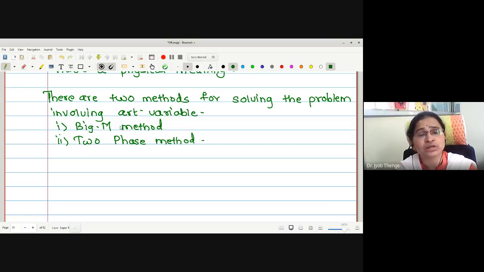If it is not going to take a 0 value, the problem does not have any kind of solution. It has to take a 0 value. Therefore, that minus M should be multiplied by 0. The value of artificial variable should be 0. This is the technique used while designing these methods.